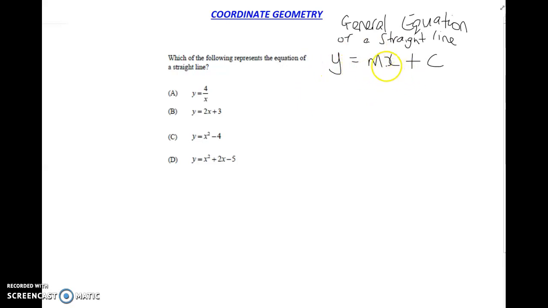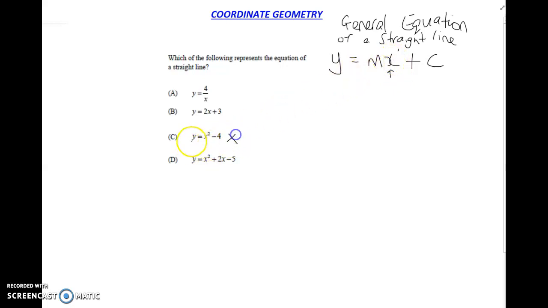In the general equation of a straight line, you must have your x, right? And the power of x is always 1. We don't write the 1, but it's understood, right? So the power of the x in a straight line is always 1. So that's narrowing down my answers already.